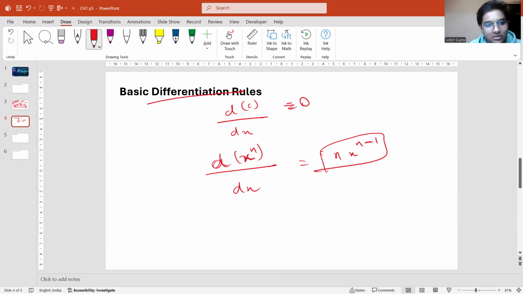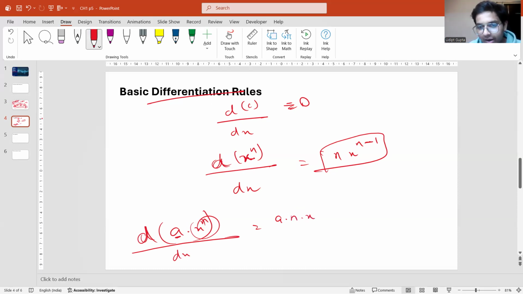If there's a times x to the n, and you take d dx, then this a, the constant, goes out and the other part gets differentiated, giving n x raised to power n minus 1.